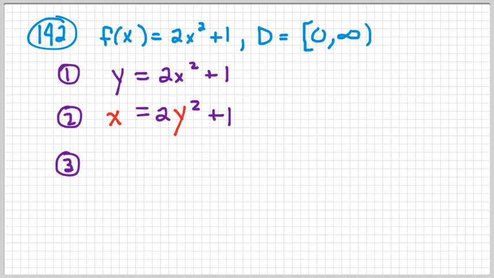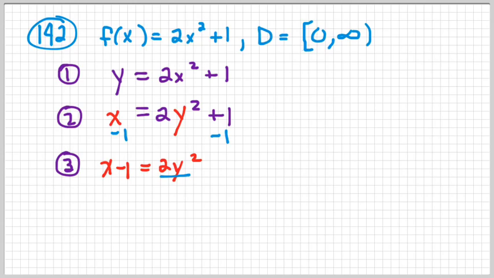So to solve for y, I'll show my steps in blue. I'll subtract 1 from both sides, and I get x minus 1 equals 2y squared.